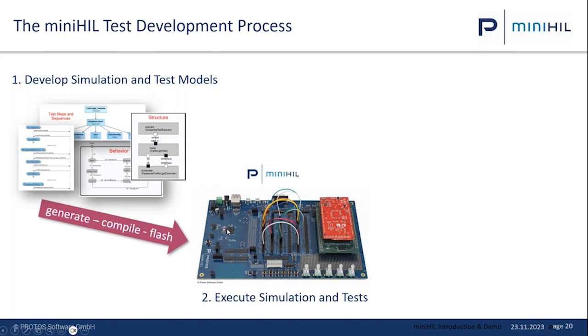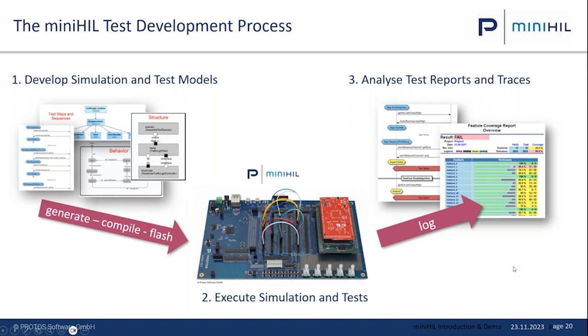We need to run it on the system because we need to be at hard real time. So the simulation and the tests are really hard real time. Then, while we are executing the tests, we log them and we provide diagrams, because we transform them into diagrams, because the diagrams are much easier to read for human beings.